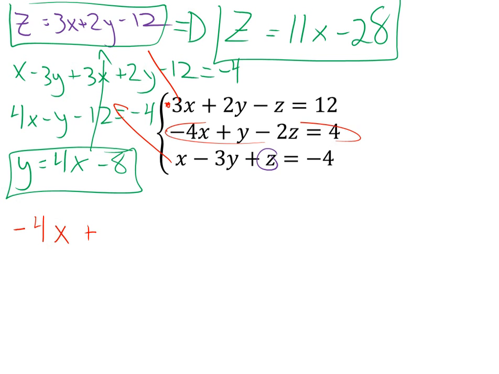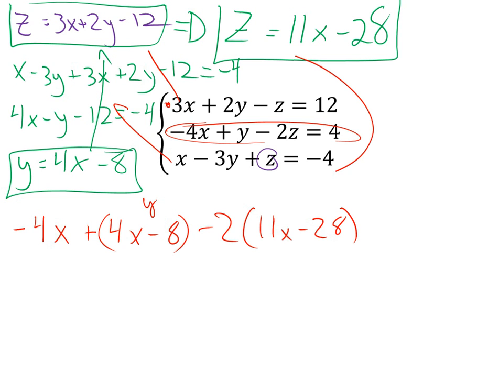So it'll be negative 4x plus 4x minus 8, which is my y, this whole thing was y, minus 2 times my z, which is 11x minus 28. Okay, and that's this one here, the z. And that equals 4. Now I distribute, simplify everything.